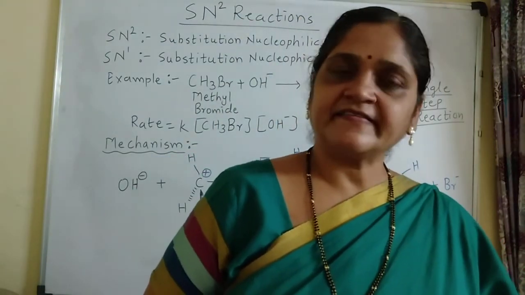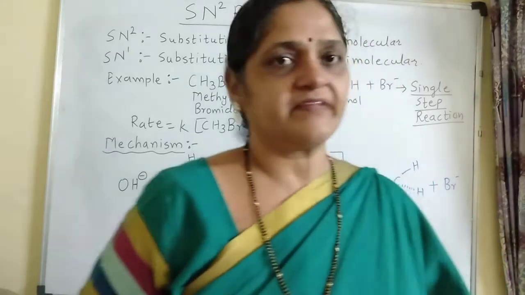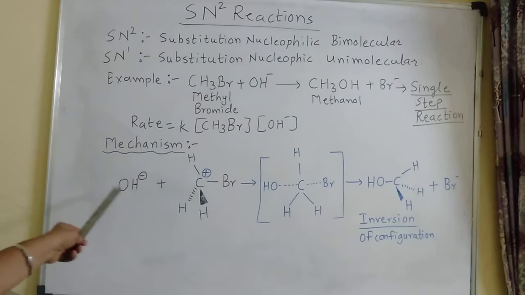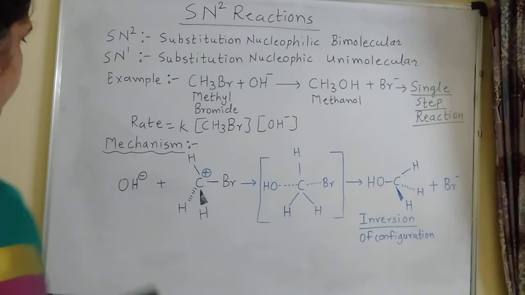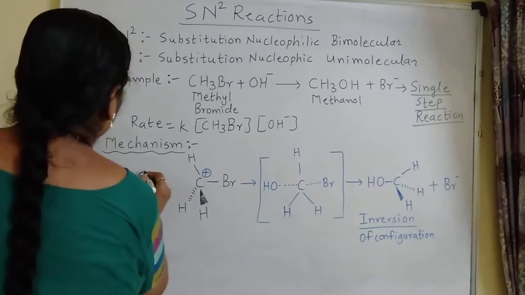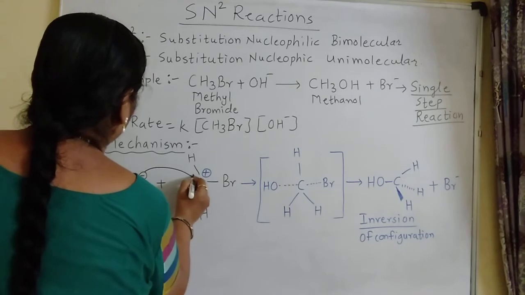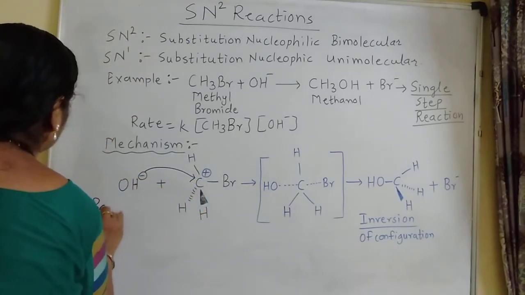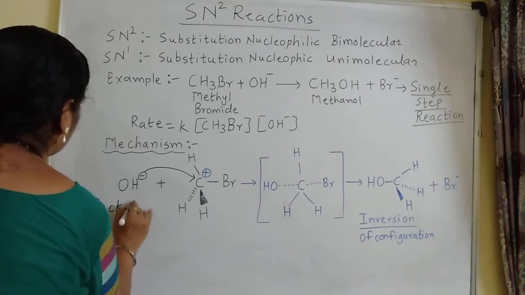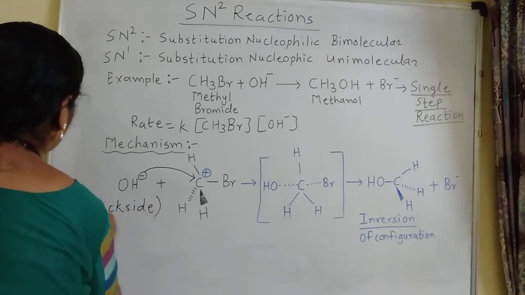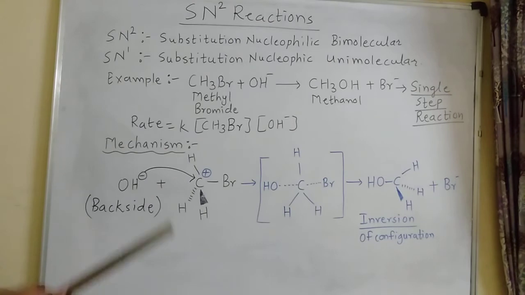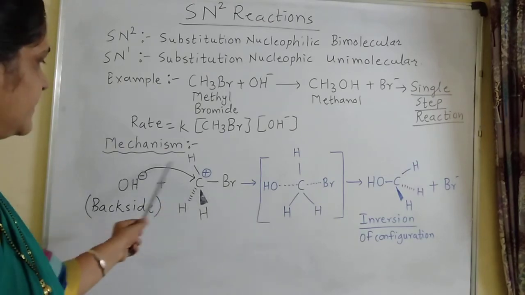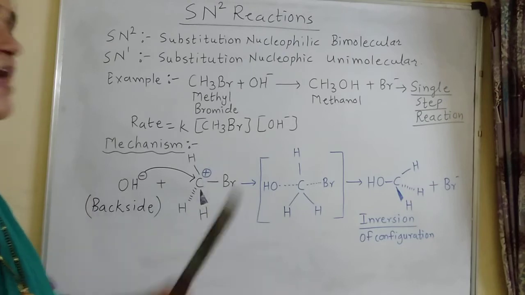Now let us see the mechanism of this reaction. You can find over here, this is the OH minus ion nucleophile. It will attack the electrophilic carbon of methyl bromide from the backside. Backside means it is 180 degrees away from the halogen atom.